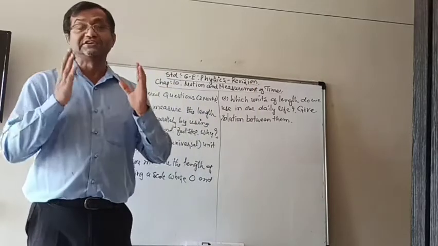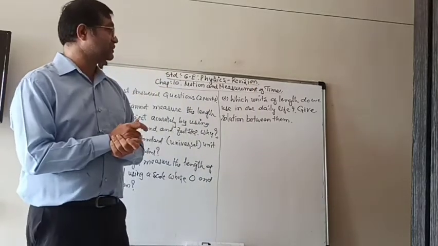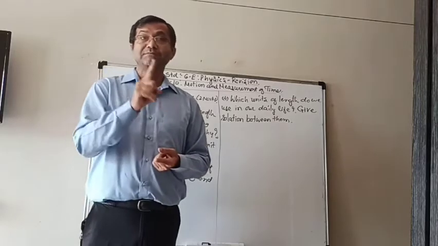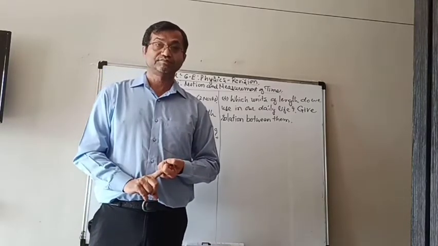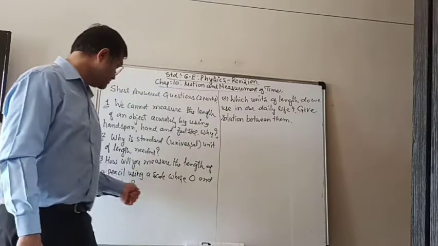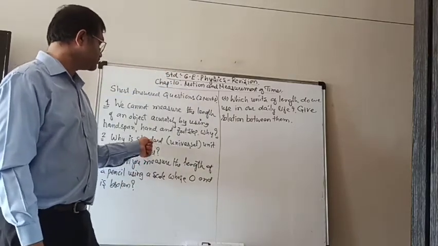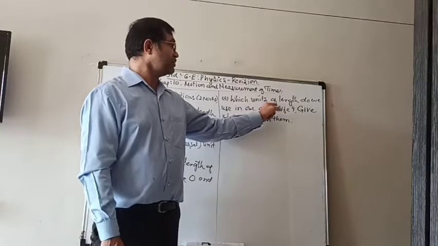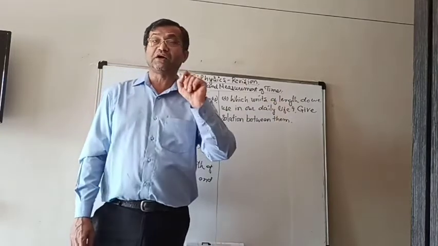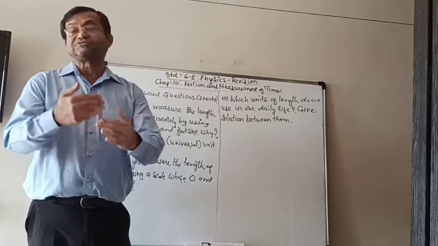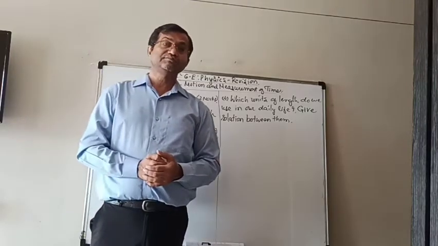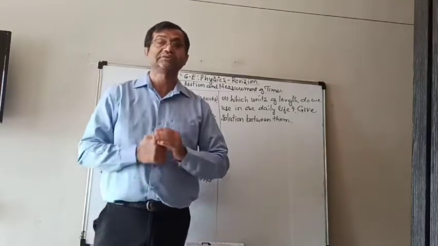Those are the different units of length, among which meter is the standard unit, the SI unit. As we talked about that standard unit here, the standard unit of length is the meter. Smaller than meter is centimeter, still smaller is millimeter.